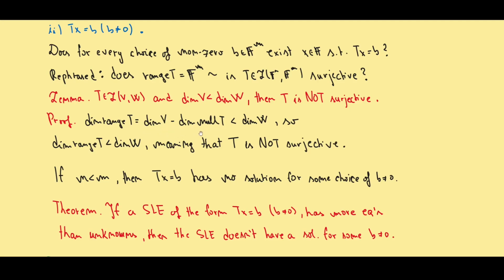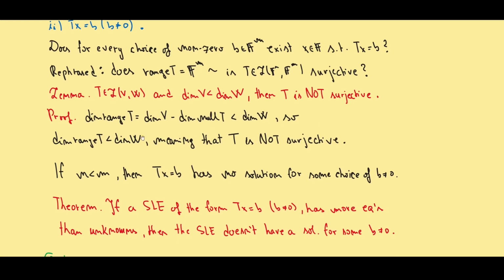So this is definitely less than or equal to the dimension of V. So that means that this whole thing is strictly less than the dimension of W. So we have that the dimension of range T is less than the dimension of W, meaning that T is not surjective. There is no way for T to be surjective.